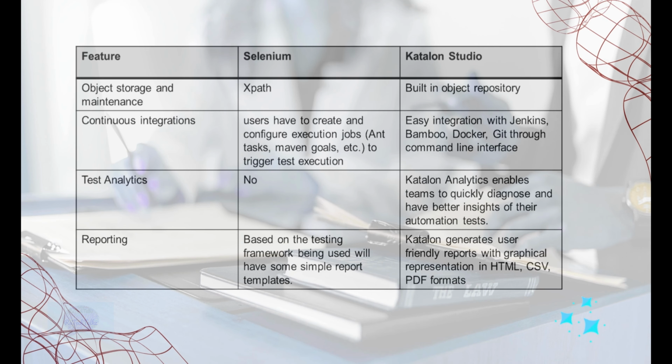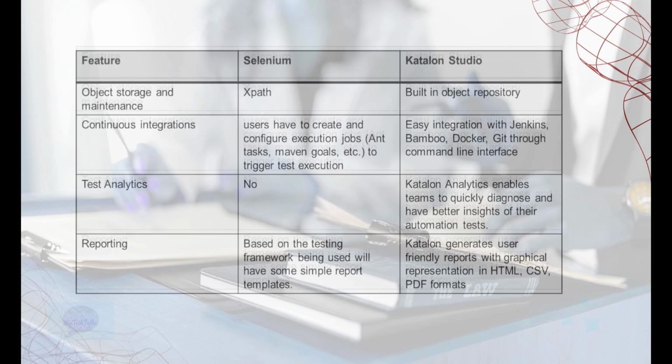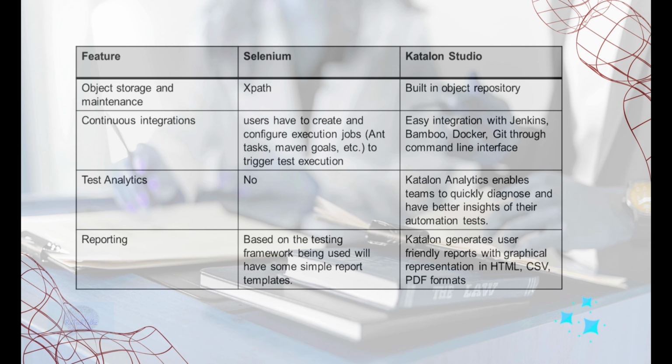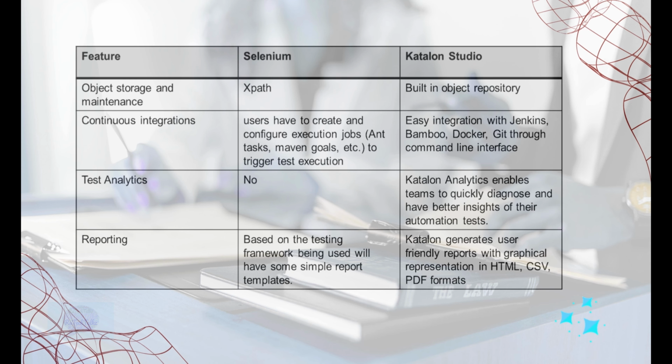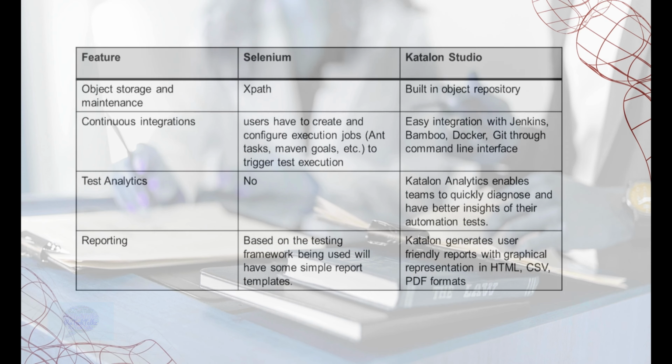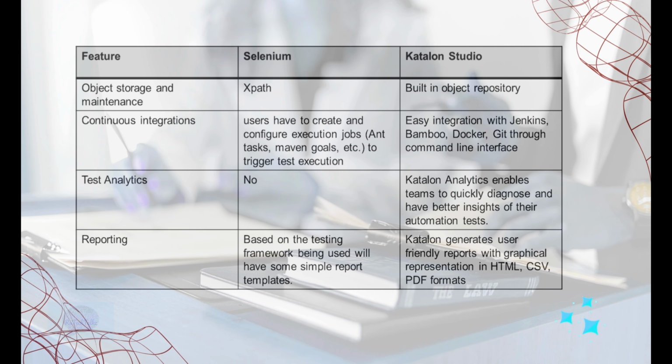The next feature I compared is test analytics. There is no test analytics in Selenium, whereas in Katalon Studio, Katalon Analytics enables teams to quickly diagnose and have better insights into their automation tests. Next is reporting.